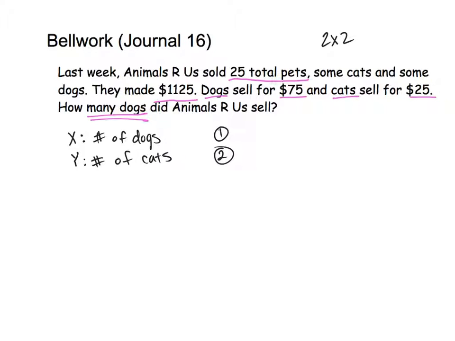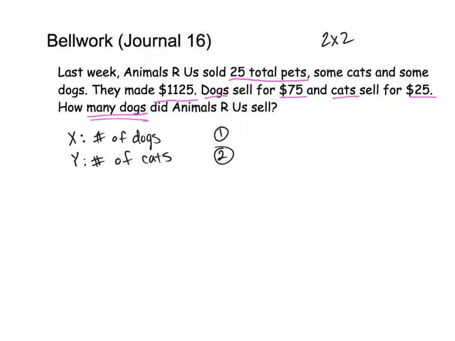The first equation I noticed is that the dogs and the cats are being sold for these prices. So if I want to know how much they're going to sell a piece, I can use 75 and relate it back to the number of dogs, whereas 25, I can relate it back to the number of cats.